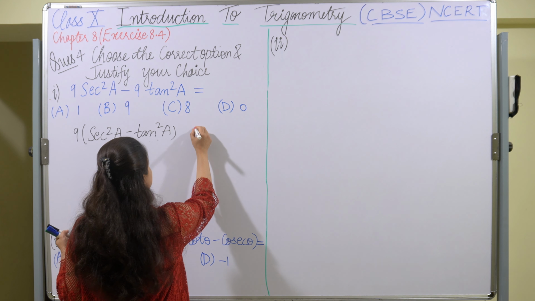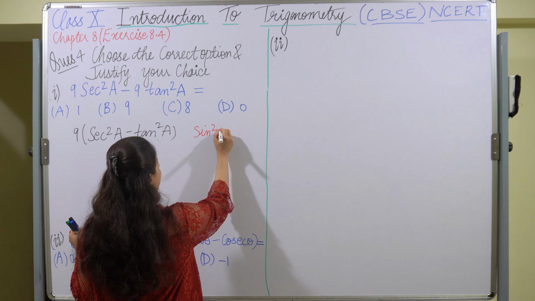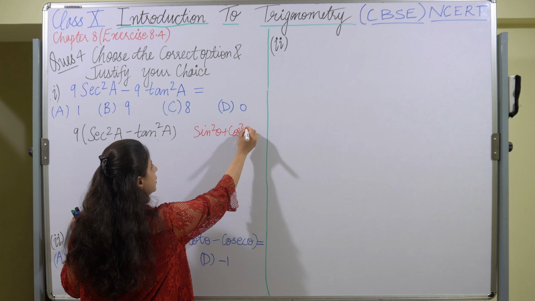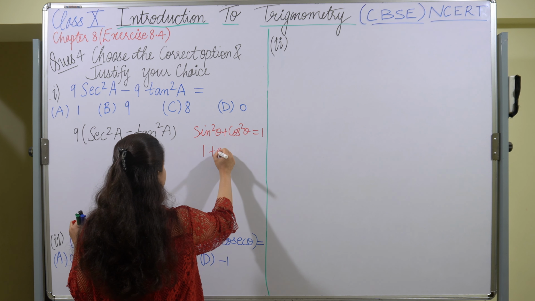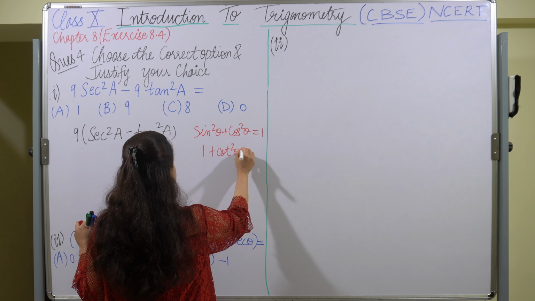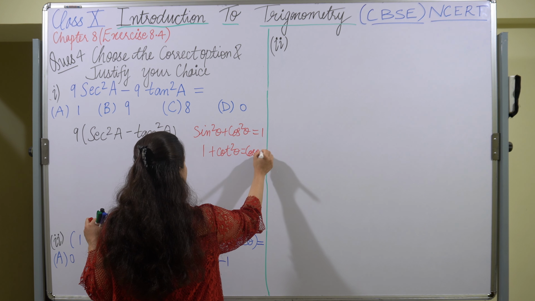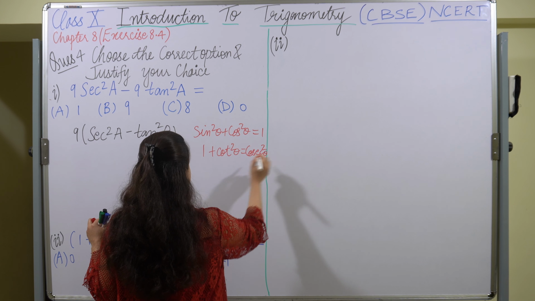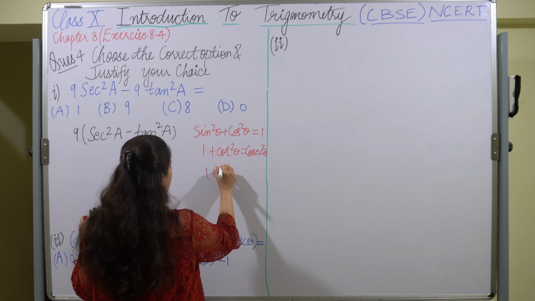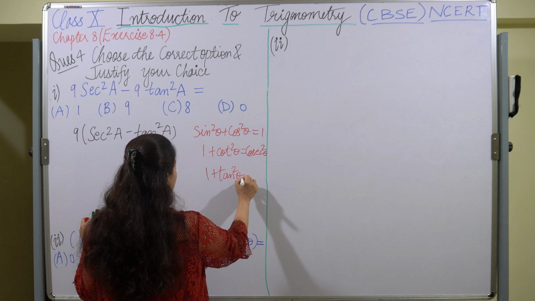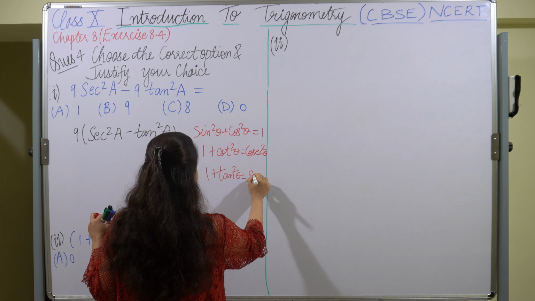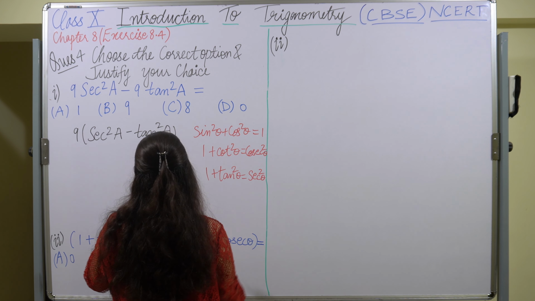The first identity is sin square theta plus cos square theta is equal to 1. The second identity is 1 plus cot square theta is equal to cosec square theta. And the third identity is 1 plus tan square theta is equal to sec square theta.